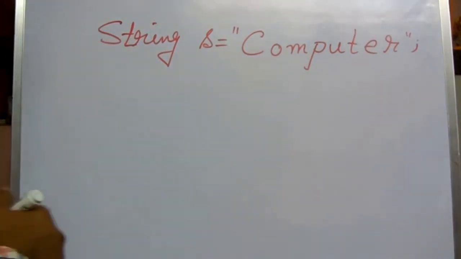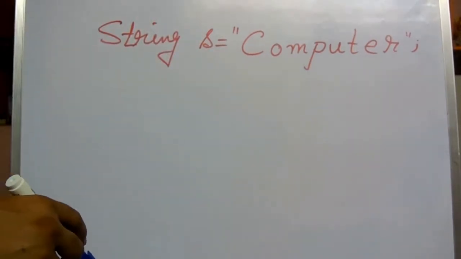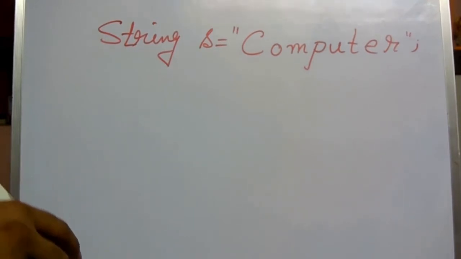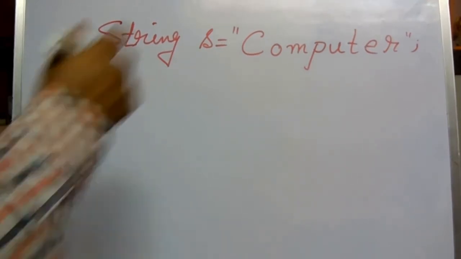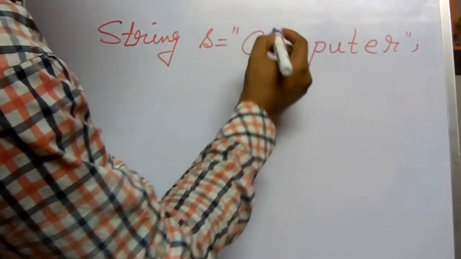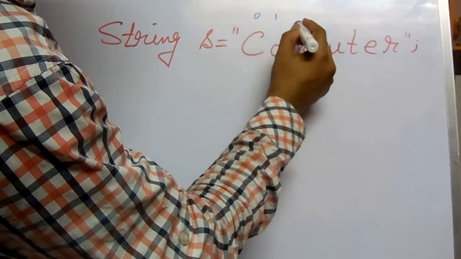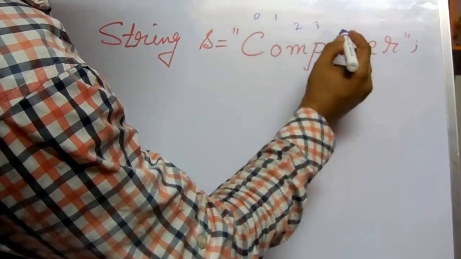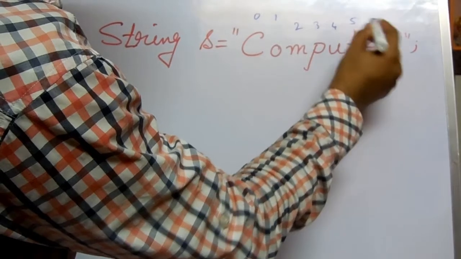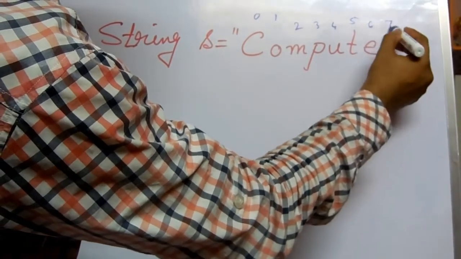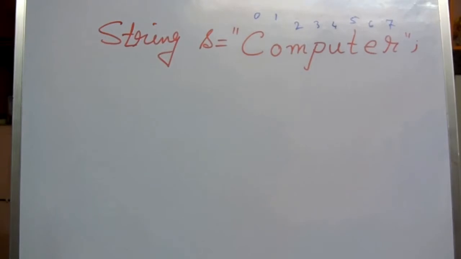For calculating any kind of string output, or for explanation or analysis, you first need to find the position values. For each character: C is at 0, O is at 1, M is at 2, P is at 3, U is at 4, T is at 5, E is at 6, R is at 7. These are the index values.